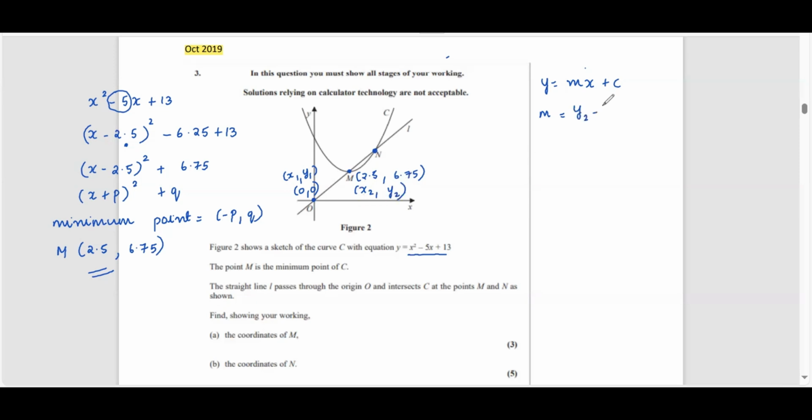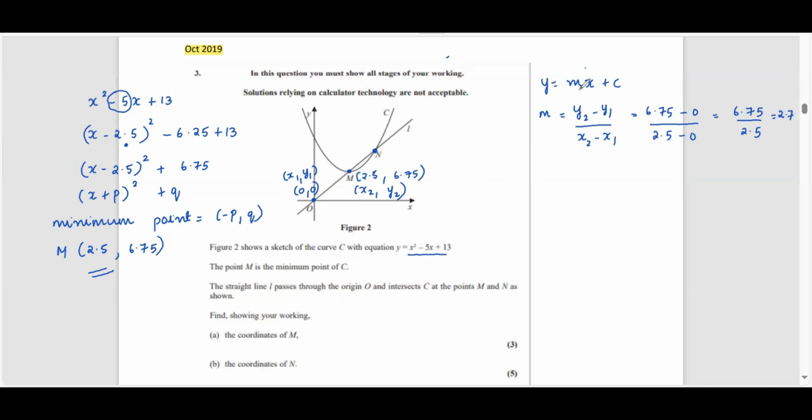The gradient is y2 minus y1 over x2 minus x1. y2 is 6.75, minus y1 which is 0, divided by x2 which is 2.5, minus x1 which is 0. This is basically 6.75 divided by 2.5, which gives 2.7. So we got the gradient m as 2.7.